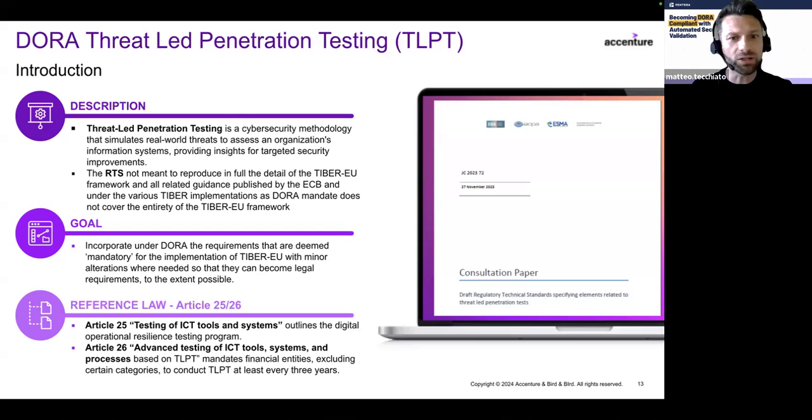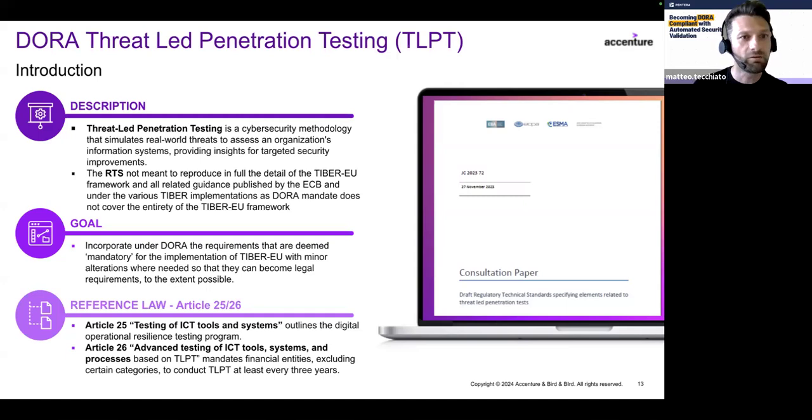So first of all, you need to have a phase where you understand your threats, and you can understand them by leveraging your threat intelligence capabilities, asking a threat intelligence provider or working with your threat intelligence team to understand what is happening outside your organization.